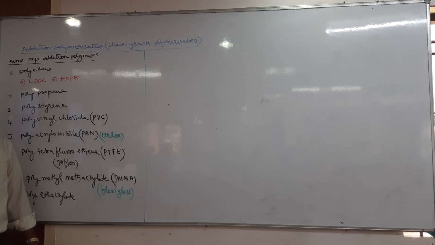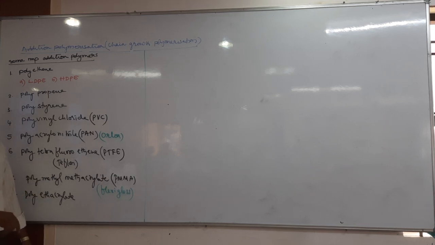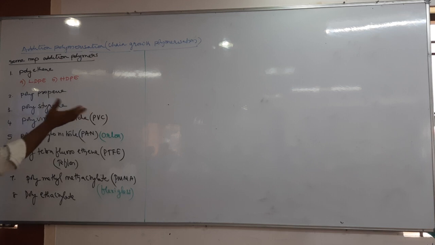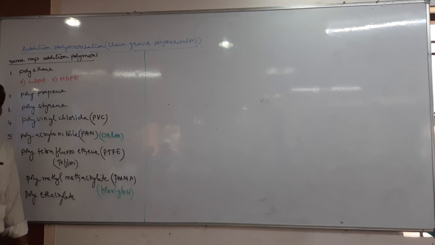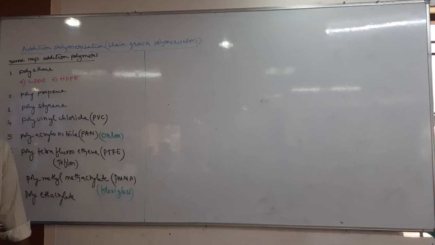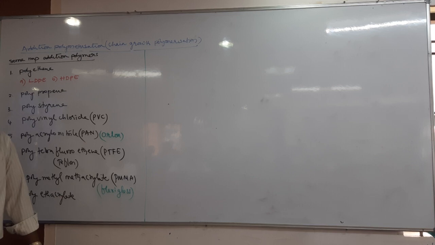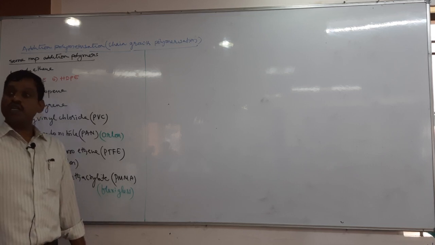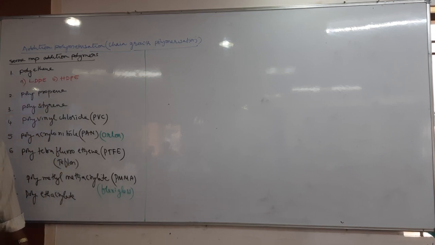Since they are chemically inert and moreover they are insulators, like polyethylene, polypropylene, polyvinyl chloride, all these are insulators, they can be used for coating the insulation of electric wires. These two are common properties and uses, and particularly they have their own particular uses. Questions may be asked on those particular uses.